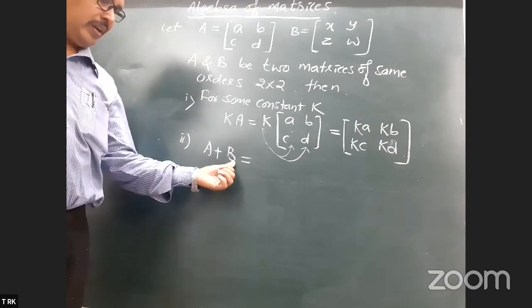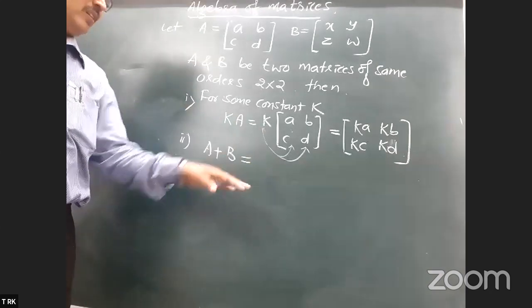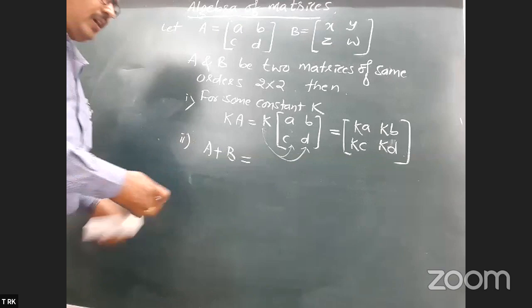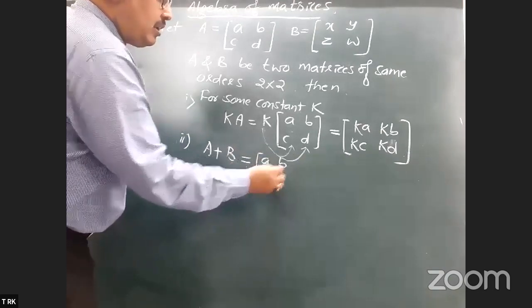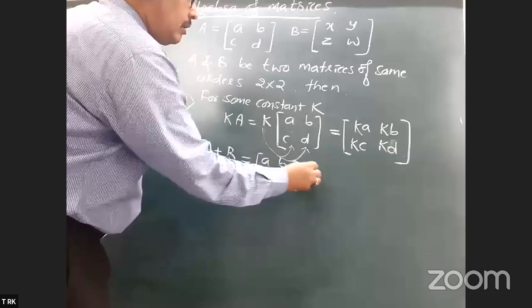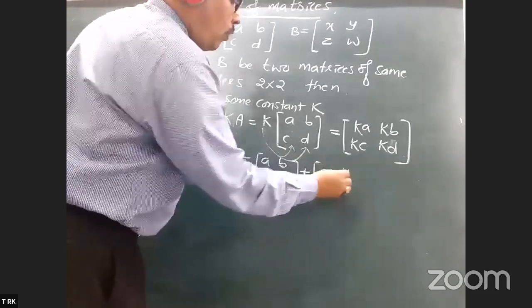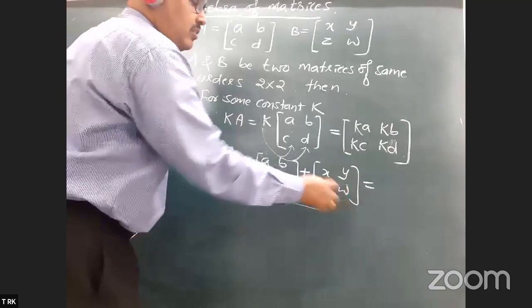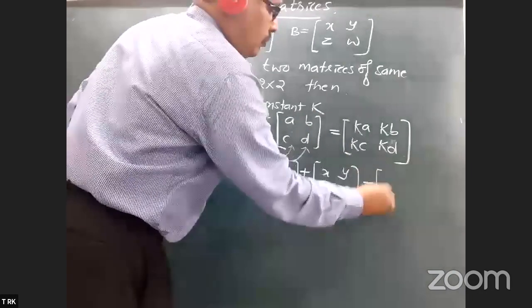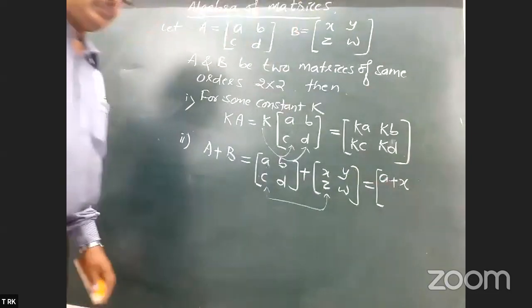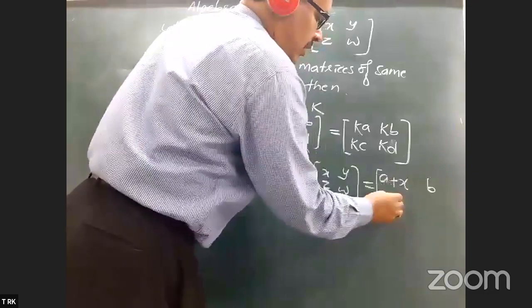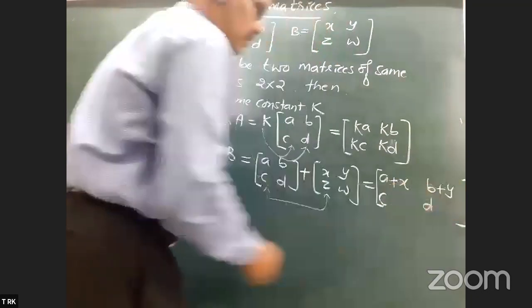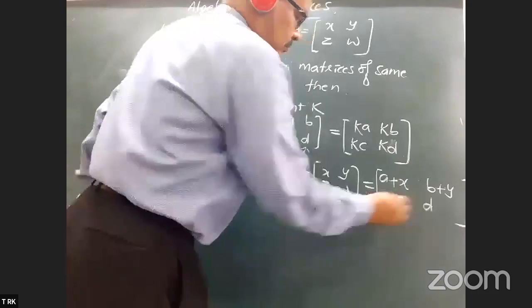The addition of the matrix B to the matrix A is once again a matrix in which all elements of B are added to the corresponding elements of A. I mean, A is A, B, C, D, and B is X, Y, Z, W. Add elements of B to the corresponding elements of A. So we get A plus X, B plus Y, C plus Z, D plus W.